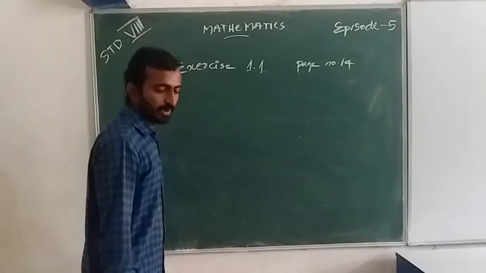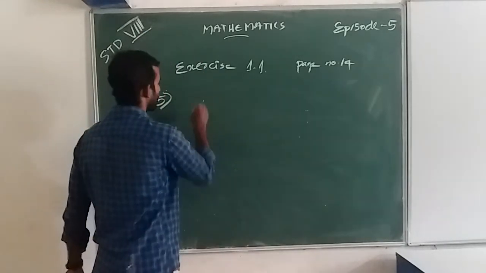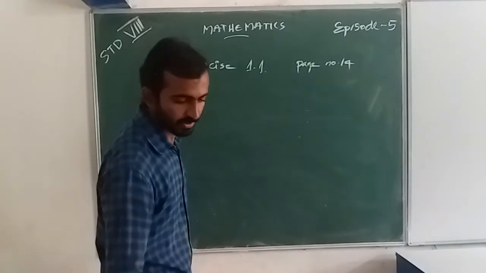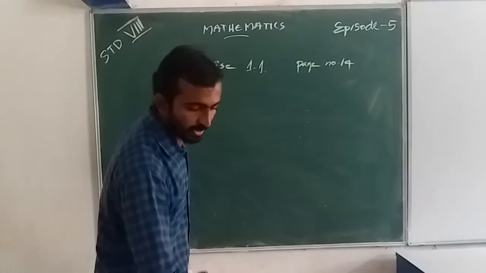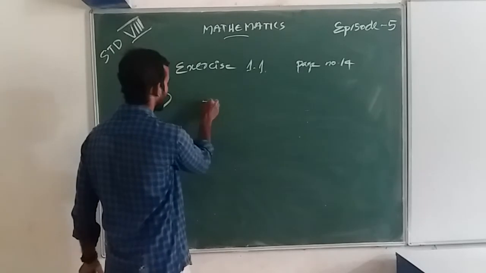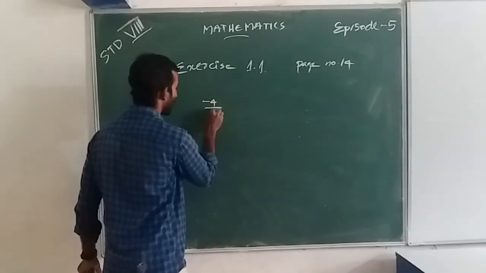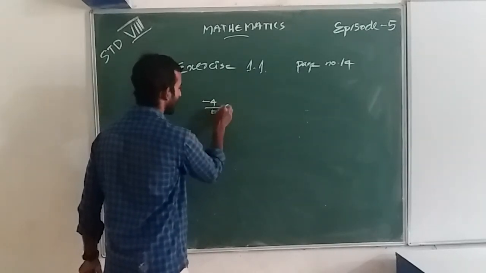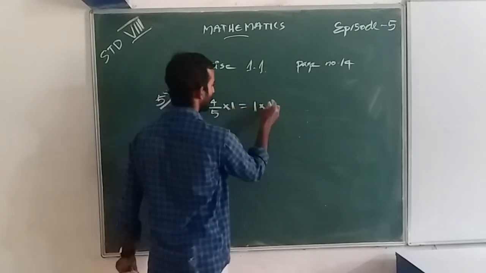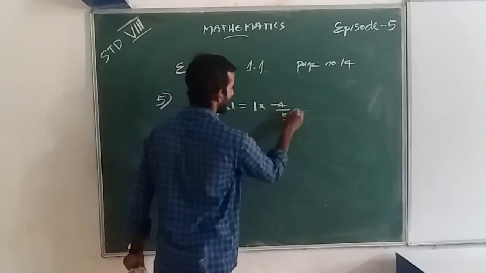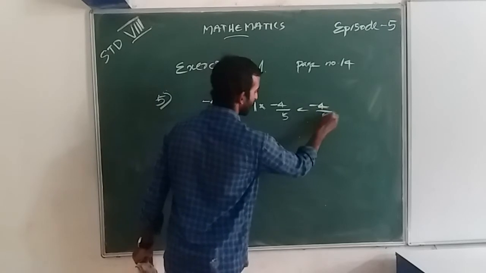First one is negative 4 by 5 into 1 equal to 1 into negative 4 by 5, that is equal to negative 4 by 5.